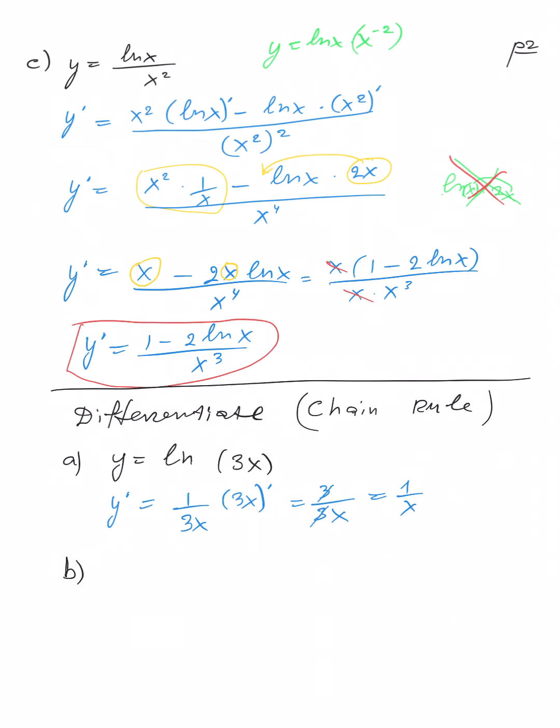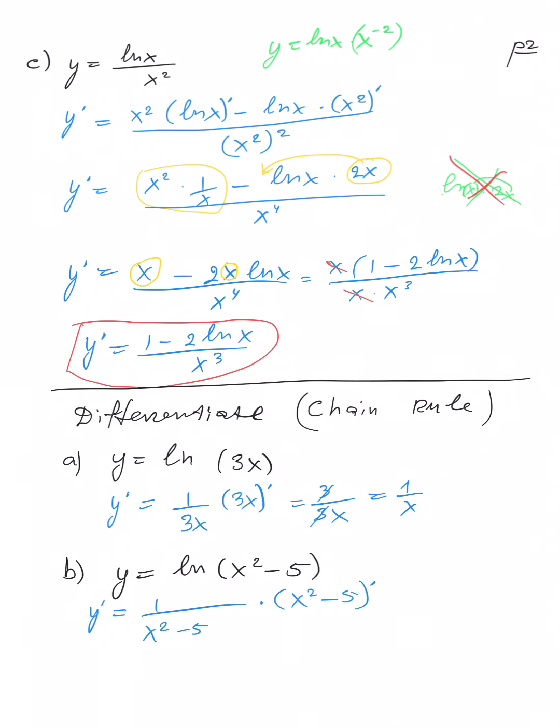B, y equals, let's do ln of x squared minus 5. Again, you need to apply chain rule, and here we go. Y prime equals 1 over that expression, x squared minus 5, times that expression prime.